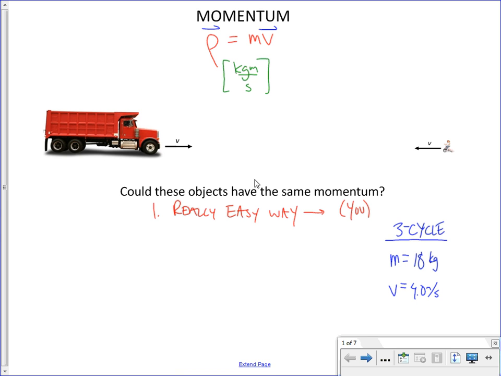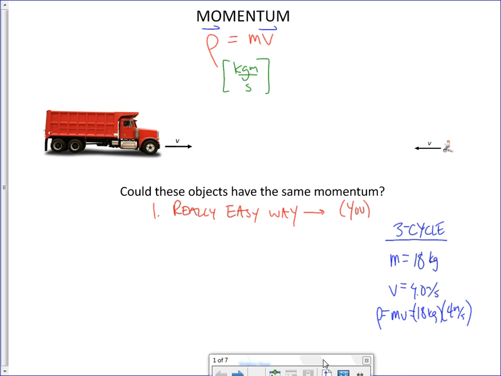Her momentum, therefore, is m times v, 18 kilograms times 4 meters per second, and if my math is right, that's 72 kilogram meters per second.